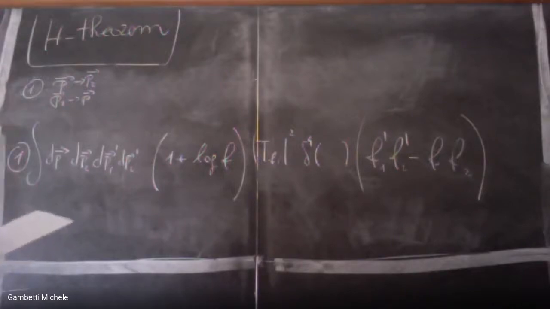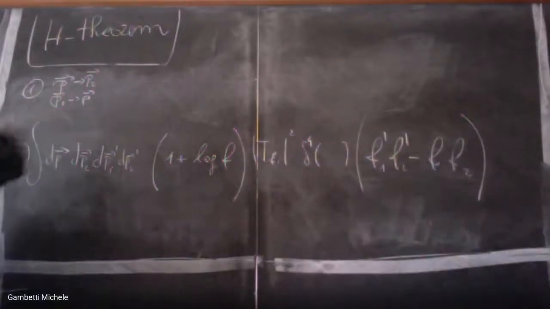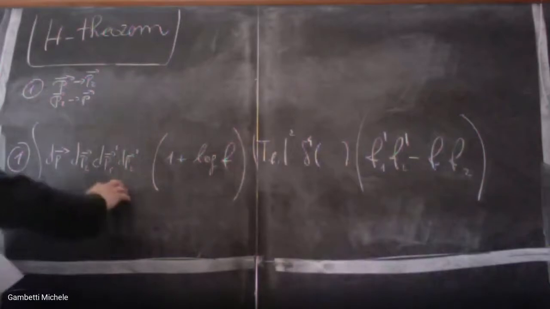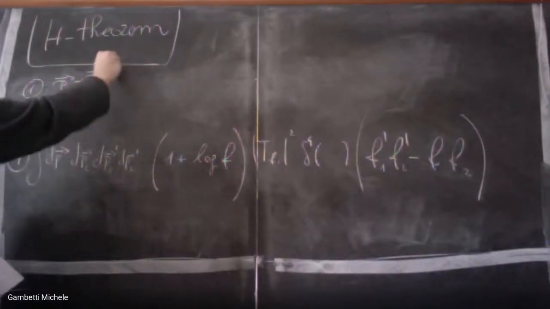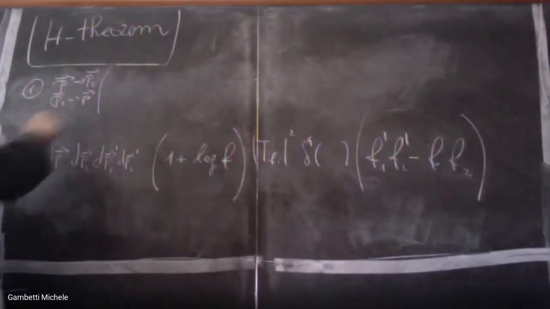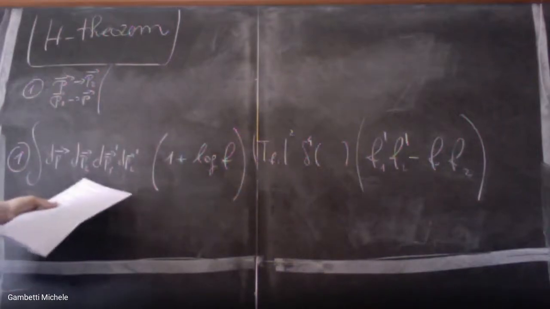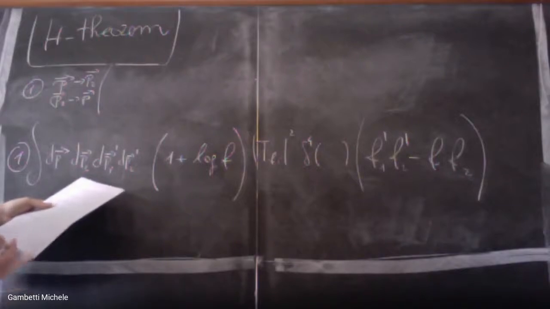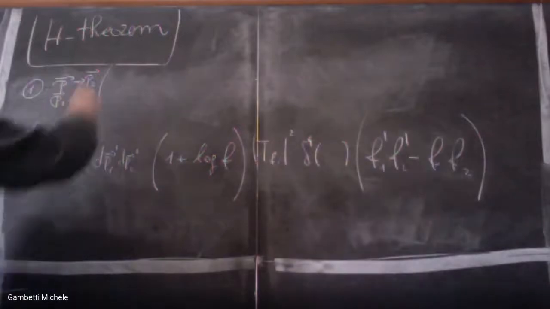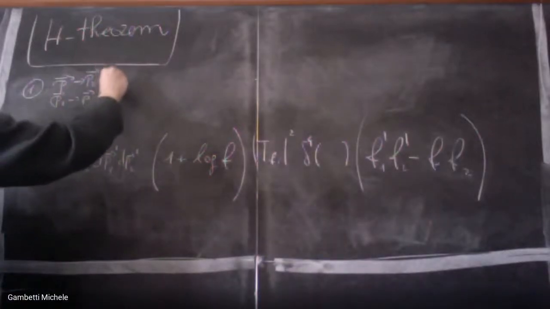So let me see what happens now. I can do this because I'm integrating over dp and dp2, so these are variables on which I'm integrating and there's no reason to have a specific name.